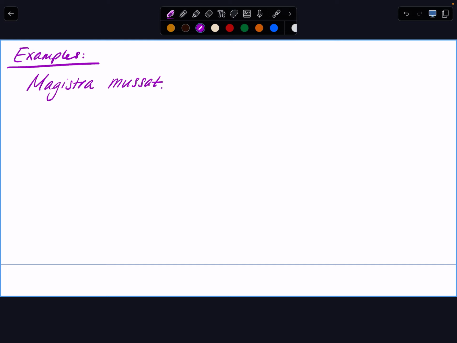All right, in this example, repeat after me. Magistra musat. Go ahead. Now, what is the ending on that verb, musat? It's third person present.